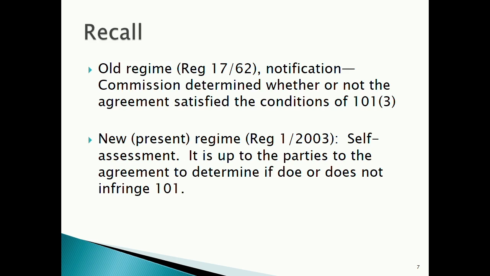The good part of the old days is, as we will see, the commission approved a lot of cases on the basis of 101.3. It was really only after May 1st, 2004-ish that the new regime came into place and the commission got stingy.